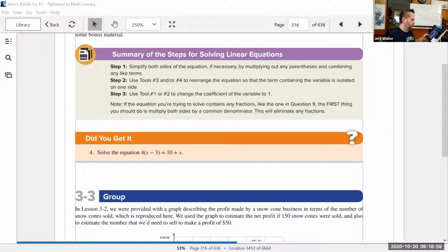So hopefully y'all remember. Almost always the first step is distribution, which is what they mean by multiplying out parentheses. They should just say distribution. Most common mistake I see is people distribute this here and then they leave this as 3. That doesn't make any sense. It's going to be 12 now, right?